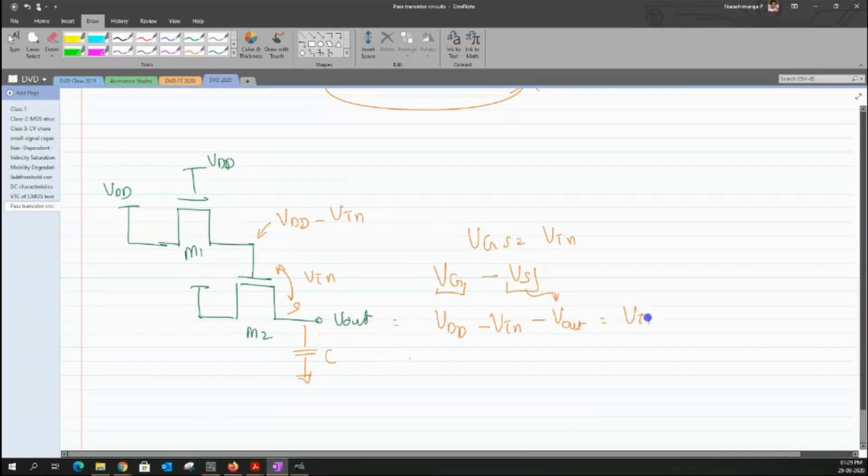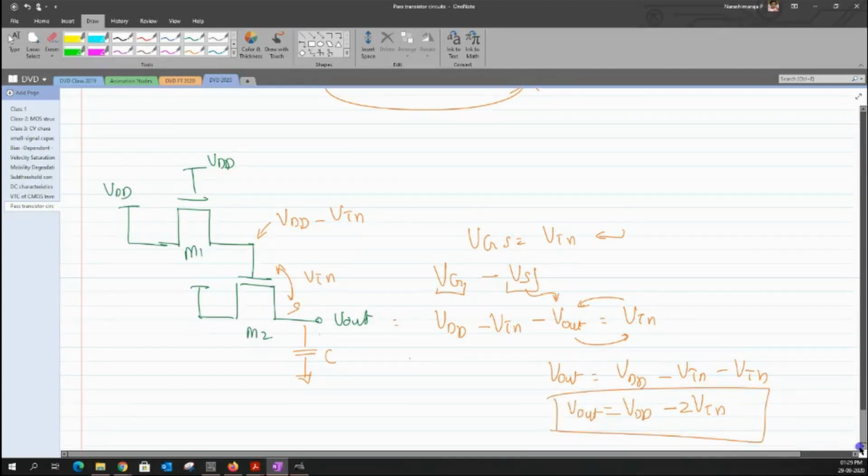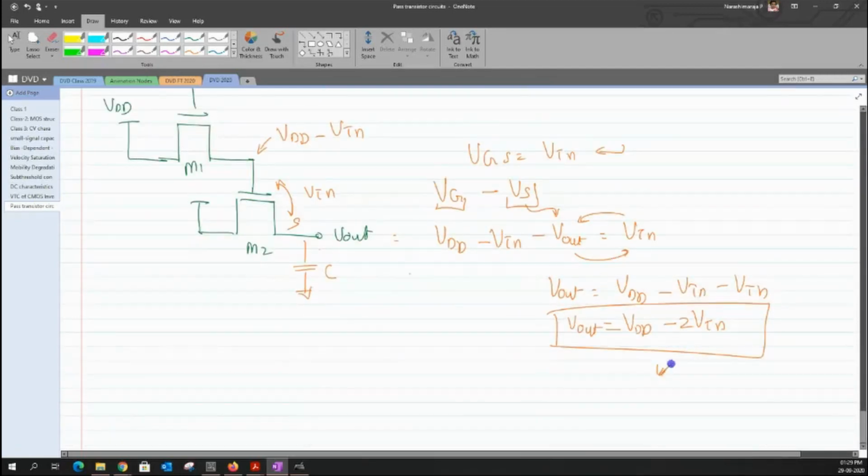The channel will stop forming the moment I have the value of VGS equal to VTN. So now let us evaluate the value of Vout. Just interchange these two quantities. We would end up having VDD minus VTN minus VTN, which is nothing but VDD minus twice the value of VTN. So this is the answer.